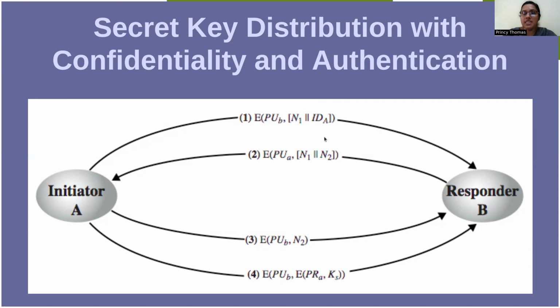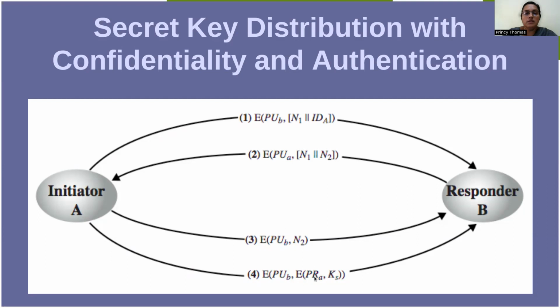He sends back nonce N1 and another nonce N2 which he has created, encrypted using the public key of A. When A receives this value, to show that he has got the data correctly, he decrypts using his private key, gets the nonce N2, and sends it once again to B by encrypting using B's public key.